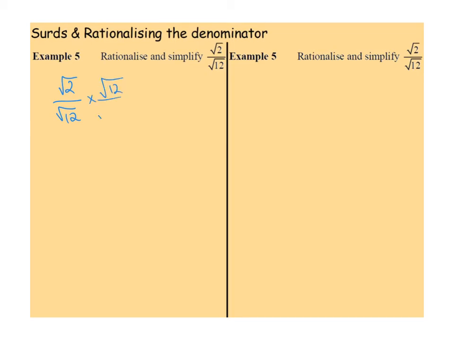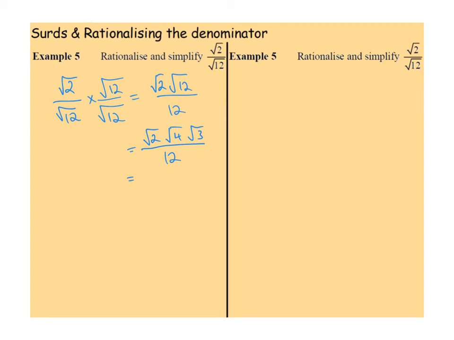So we can multiply by root 12 over root 12, which is root 2 root 12 over 12. Know that 4's a large square factor, so I can make it root 2, root 4, root 3, all over 12.